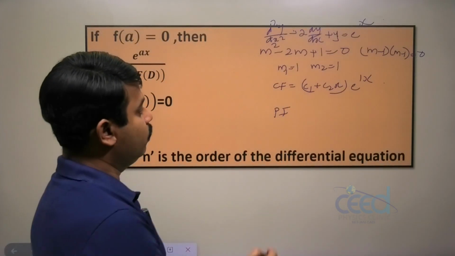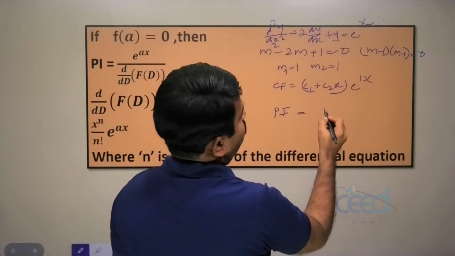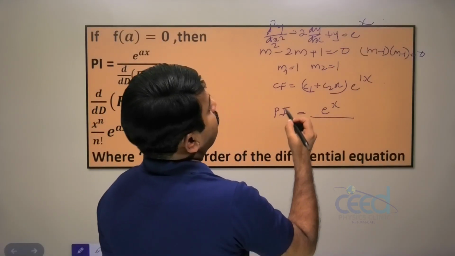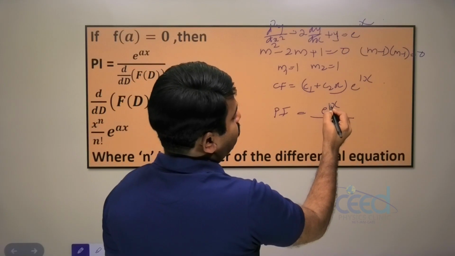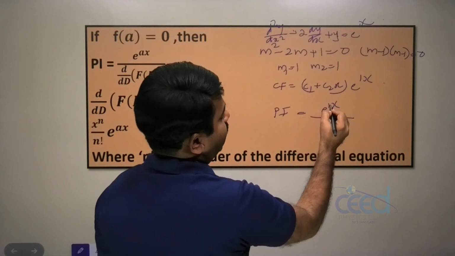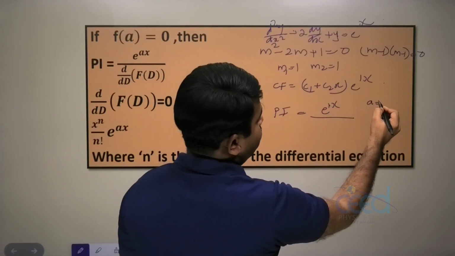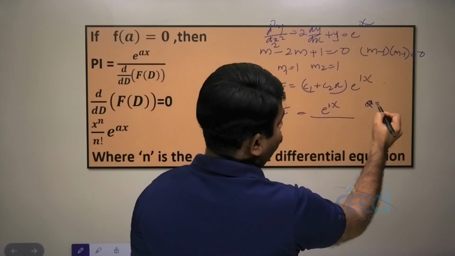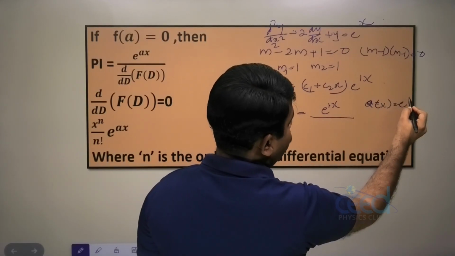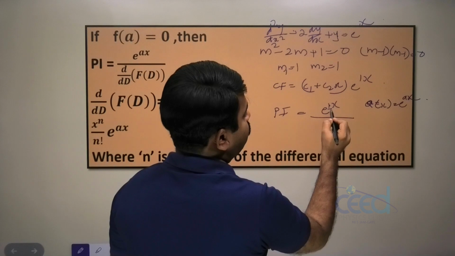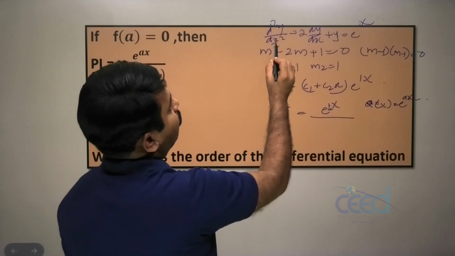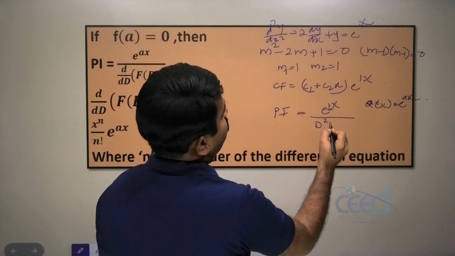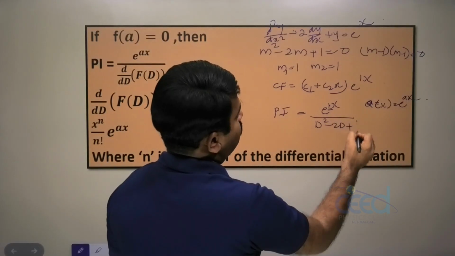What difficulty? Look here. Here we have e raised to x, that means e raised to 1x, that is a is equal to 1 in the form e raised to ax. The particular integral is 1 divided by D square minus 2D plus 1.